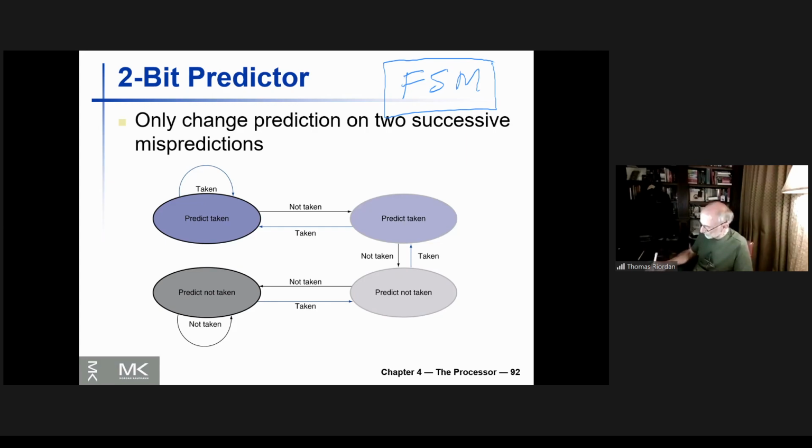So instead of 2 bits, here were our 2 states before. Instead, we add these 2 more states over here that are like saturating states. So after you take it one time, if you then take it again, you'll go over here. And then after you do that, you'll just stay in this loop here if you keep taking. And then notice that now if we fell out of the loop, we would go to here.